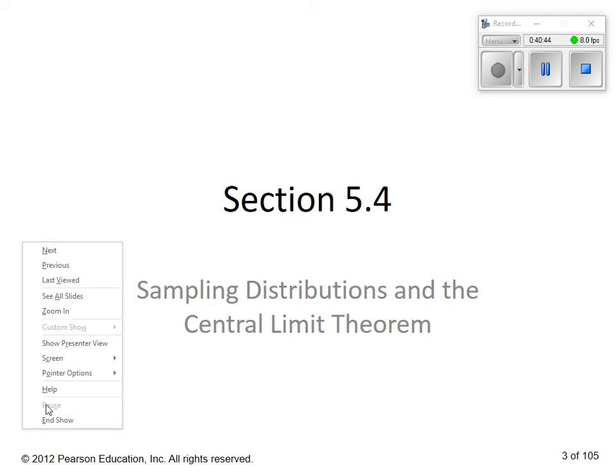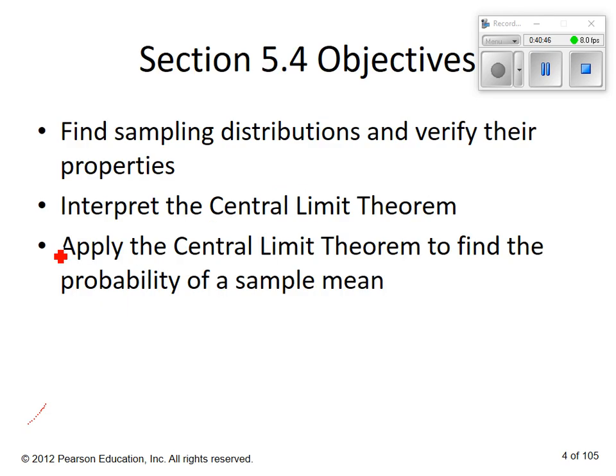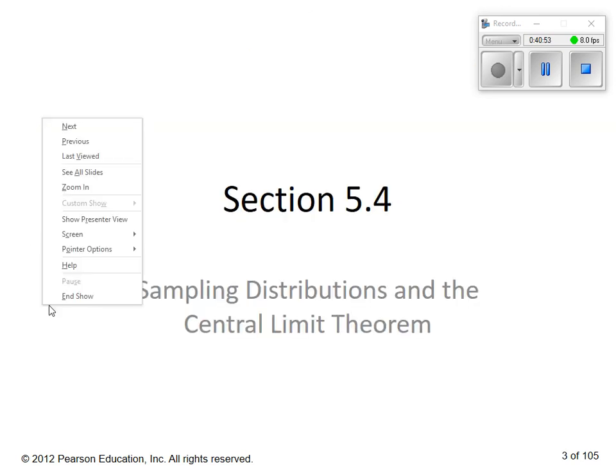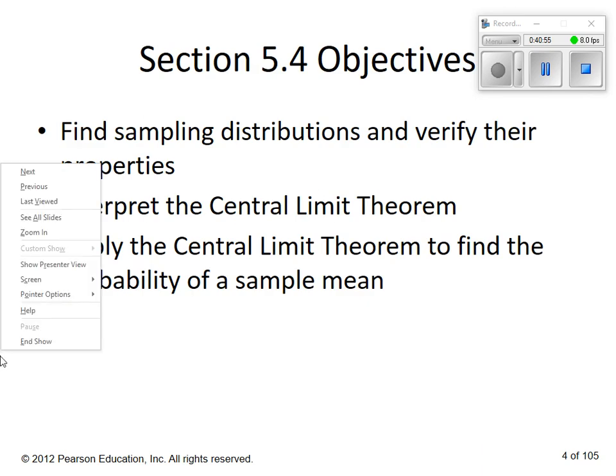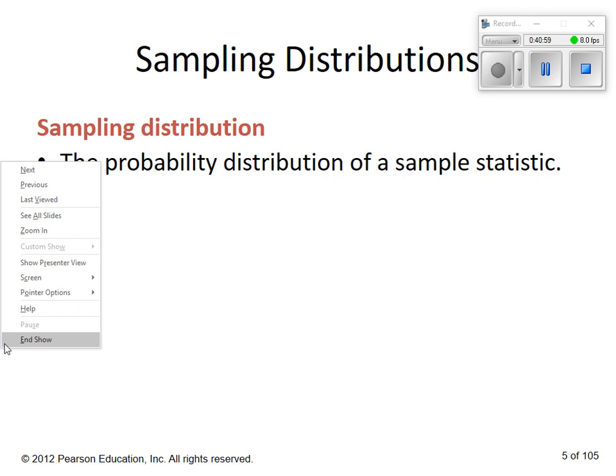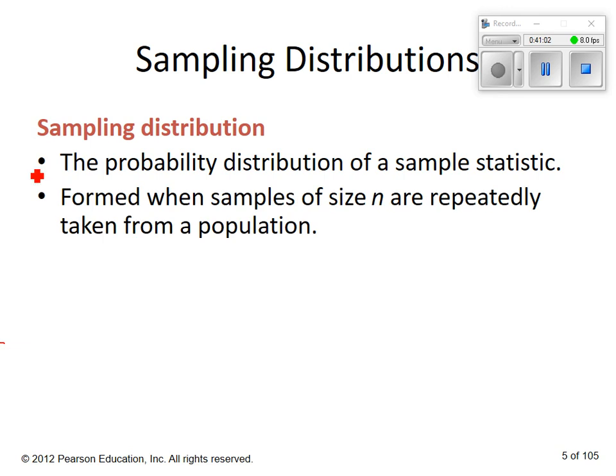So sampling distributions of the sample means. All right, sampling distribution: the probability distribution of a sample statistic formed when sample size n. Remember, n is just your sample size.